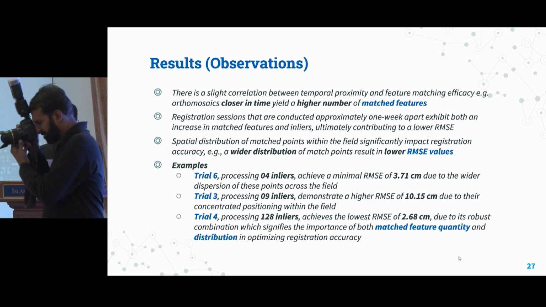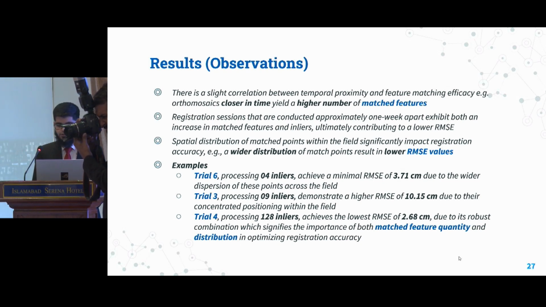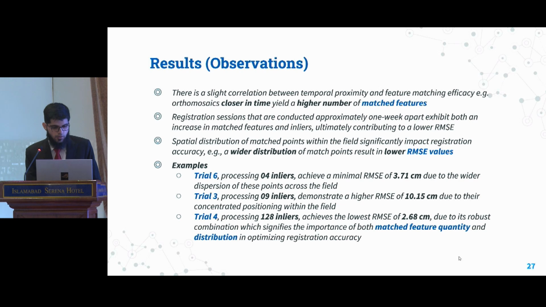Similarly, trial 3 had 9 inliers, but it demonstrated a higher RMSE of 10.15 centimeters due to their concentrated positioning within the field. And last one was trial 4, which processed 128 inliers, achieving the lowest RMSE of 2.68 centimeters due to its robust combination, which signifies the importance of both matched feature quantity and distribution in optimizing registration accuracy.